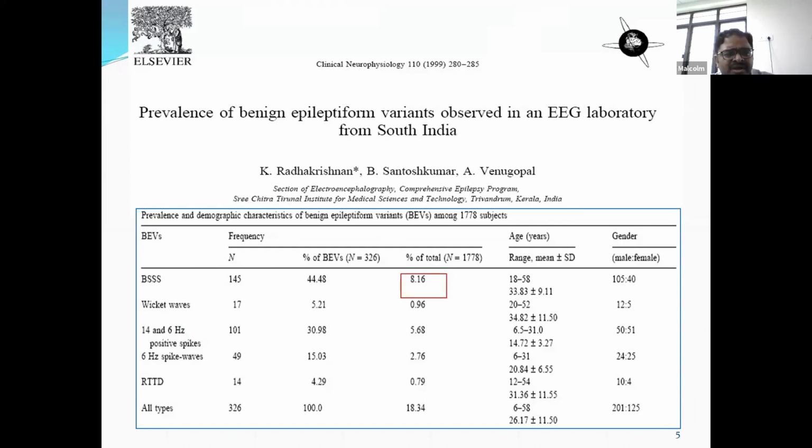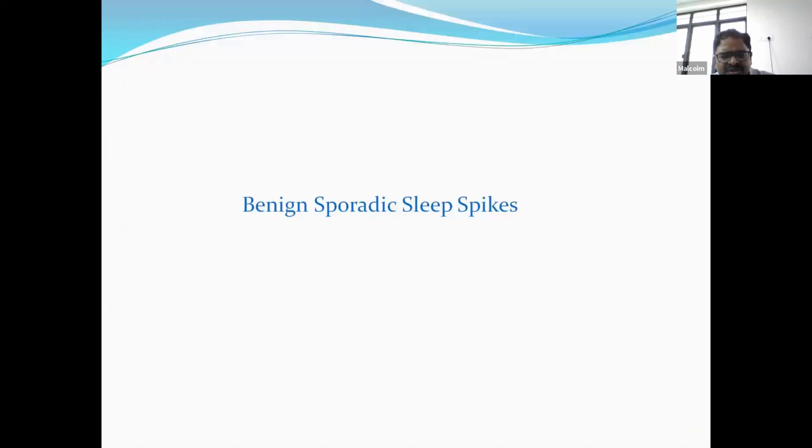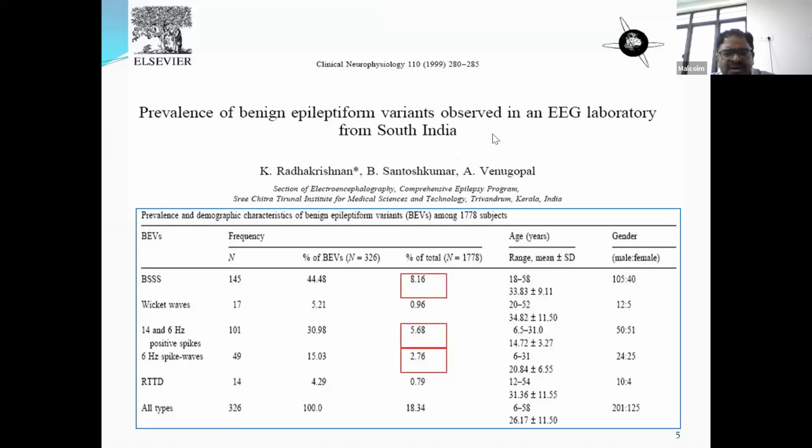It is seen in around 8% of the subjects. The next common one is the 14 and 6 hertz, and the next common is the 6 hertz, namely the phantom spikes. In total, they found that around 18% of these patients had benign epileptiform variants.